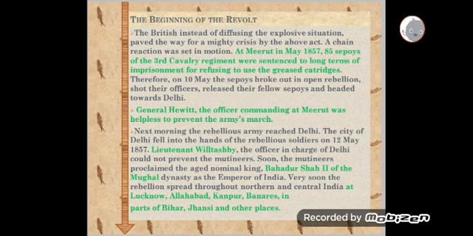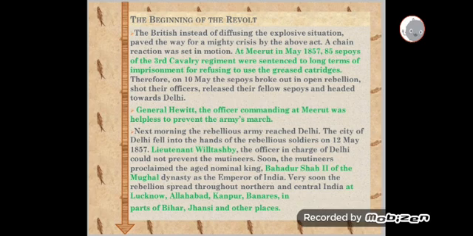Therefore, on 10 May, the sepoys broke out in open rebellion, shot their officers, released their fellow sepoys and headed towards Delhi. General Hewitt, the officer commanding at Meerut, was helpless to prevent the army's march. Next morning, the rebel army reached Delhi.